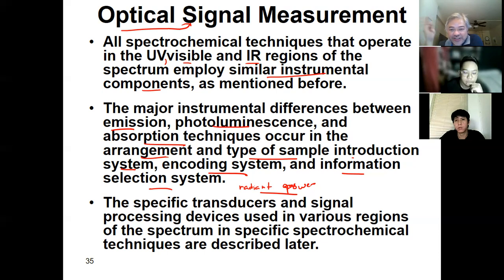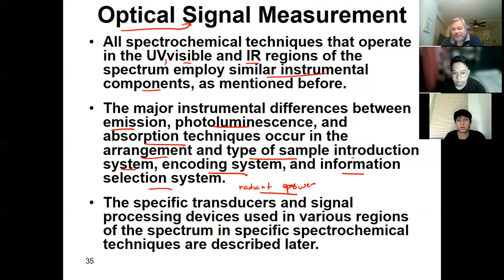Without the light source, the readout system is useless, the encoding system is useless, because without them you can still analyze the sample. The only thing is it's limited to just a qualitative method.